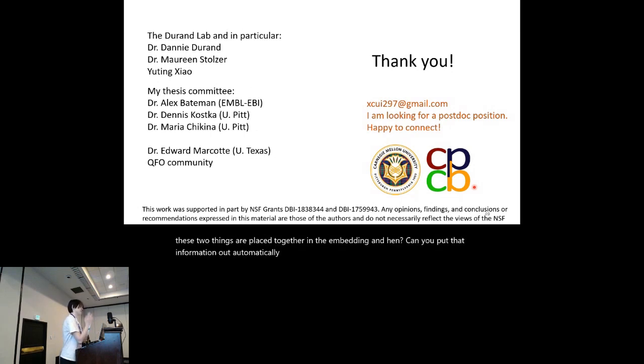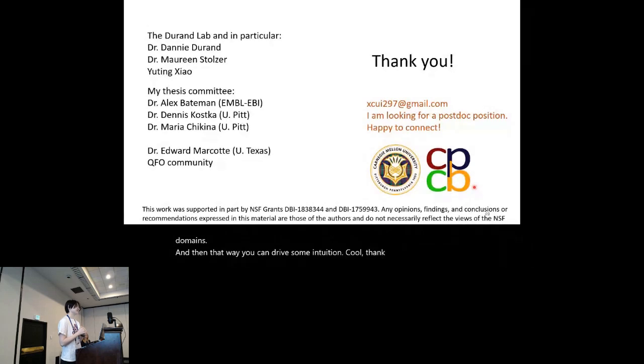Yes, for two domains that are close in the embedding space, you can extract the typical neighbors. There are different ways you can quantify, for example by PMI, how unexpectedly they appear as neighbors. And you identify these sets of shared neighbors for these two domains. That way you can derive some intuition. Cool, thank you.